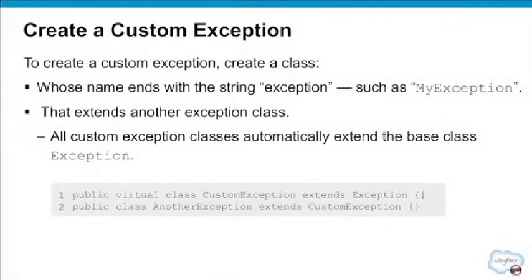Now here's one of those weird little things about Apex, which is that we enforce a naming convention. If you create a class which extends Exception, it must end in the word Exception. So you can create MyException, but you cannot create MyProblem if it extends the Exception class. So we enforce that naming convention.